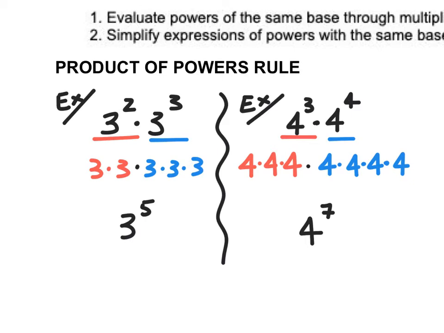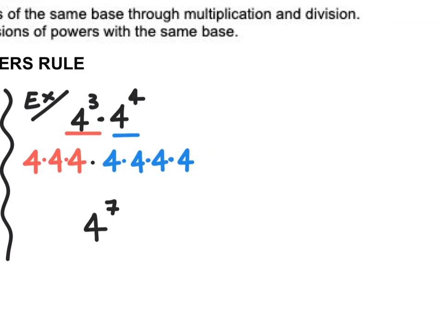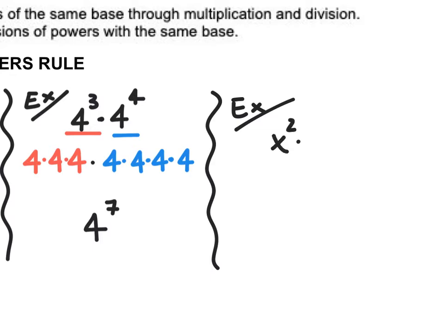And you might be seeing a pattern here. Let's do it with variables. Let's do another example where I've got, say, x squared times x to the 4th. If I do x squared, then I'm really just doing x times x, and then I'm multiplying that by x to the 4th.